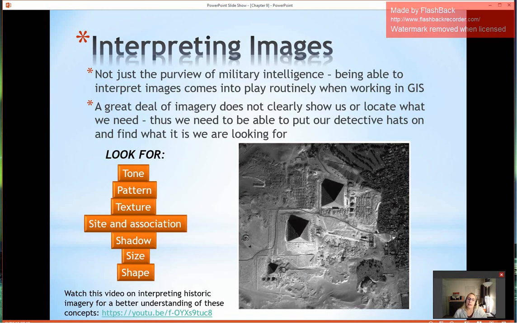Something else that is important with satellite imagery and aerial imagery is being able to interpret images. Believe it or not, we actually have to interpret images all the time when we're working in GIS, simply because there are many times when we're working with images of landscape that don't have any mapping that exists, and we have to go in and do what's called digitization and actually draw out the shapes of the buildings, the shape of a road.